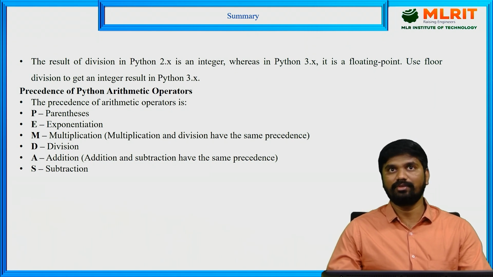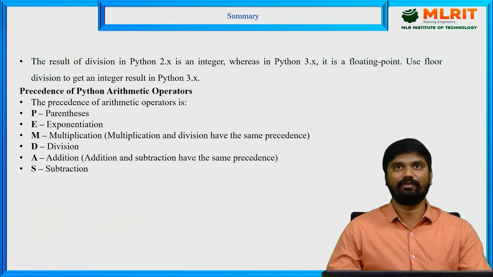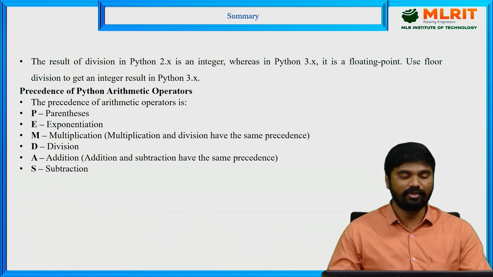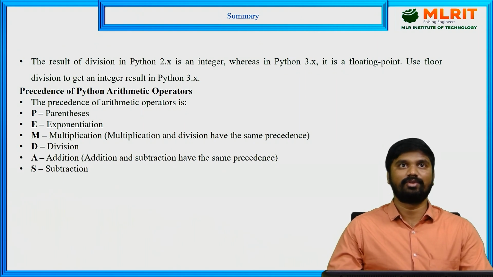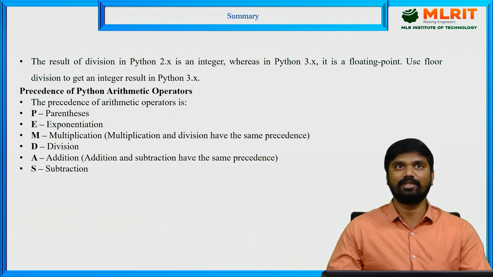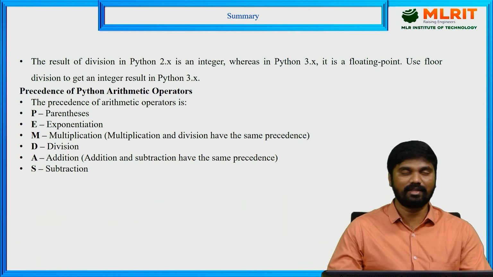From Python third version, we get a float type value for the division operator. That's why we have the floor division operator, provided in Python third version, if you want to get an integer type result whenever you perform the division operation.